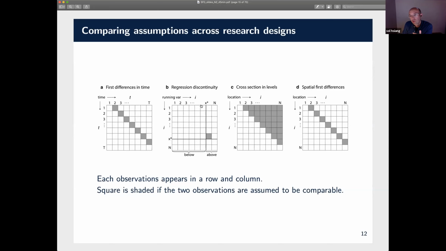Or if you were in a regression discontinuity context, say that X star here describes the location of the discontinuity, you're essentially saying just below and just above the discontinuity, we're going to make a comparison and we won't compare anyone else. One way to think about spatial first differences is it's kind of like a continuous generalization of the regression discontinuity approach.